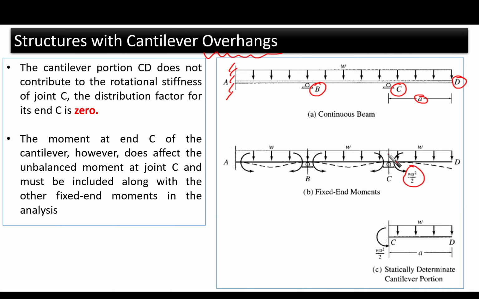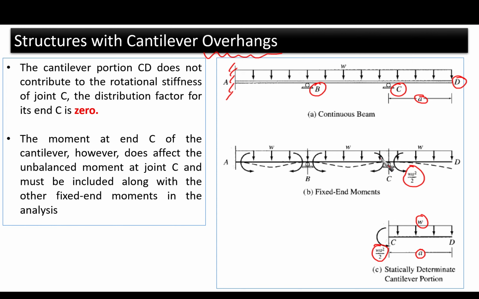So if we cut at point C here, we are going to deal with this cantilever as if it is a statically determinate portion. Okay, so we're going to say that we have distributed load here, we have a span which is a, then the value of the moment at the end is going to be wa squared over 2.